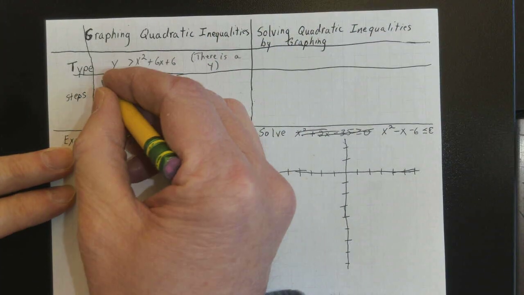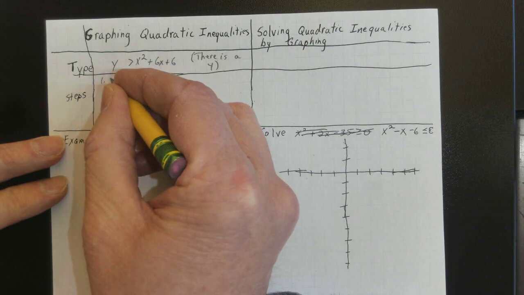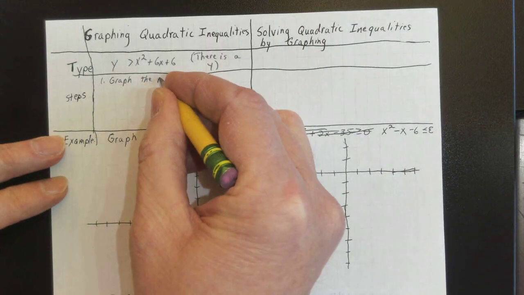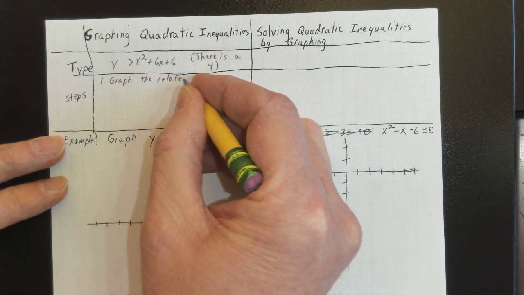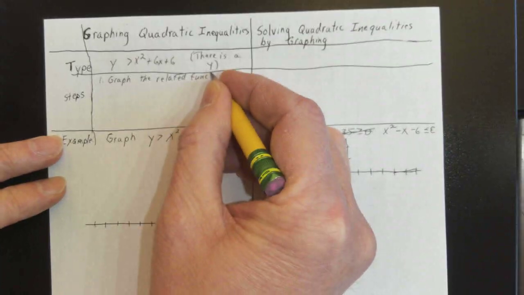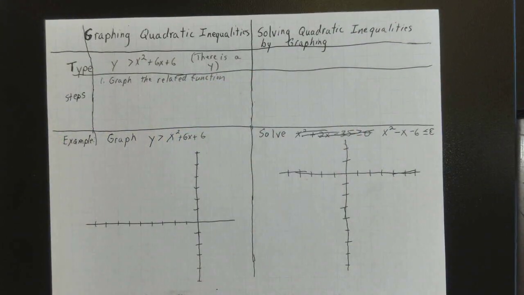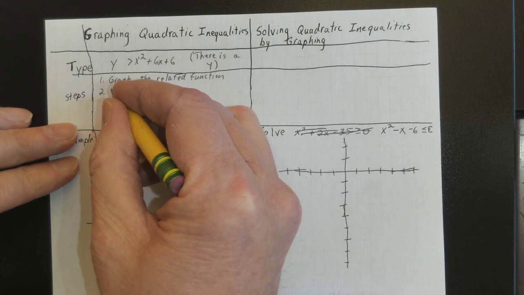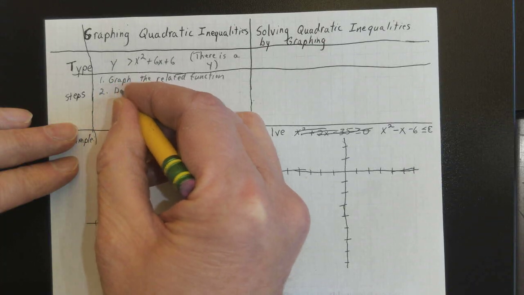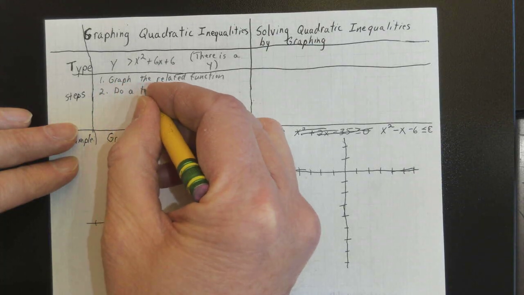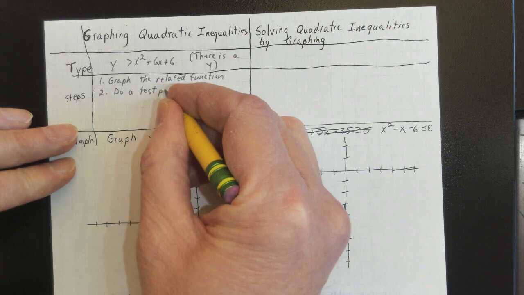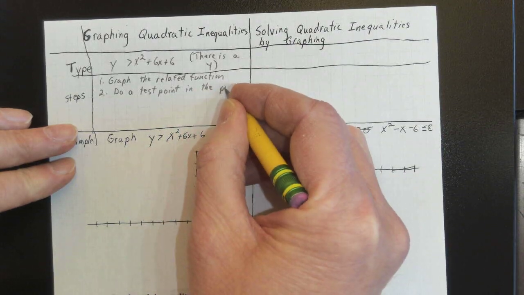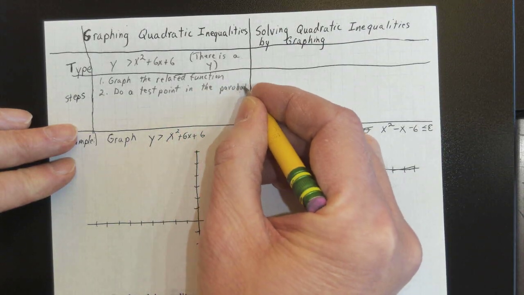The steps that we used for solving this, if you recall, were: first we graph the related function, and you're going to use a solid or dotted line for that. Remember that? Then you pick a test point in the parabola.